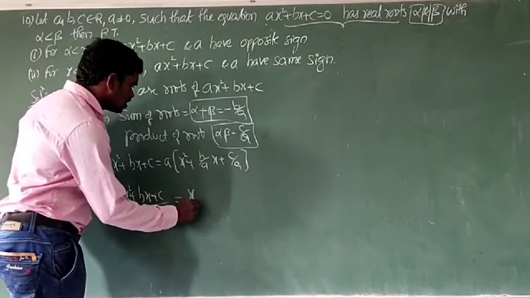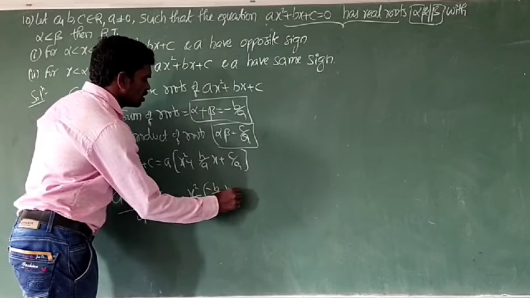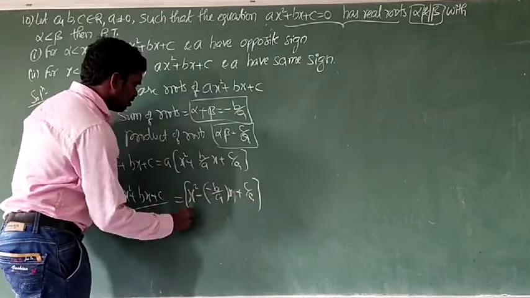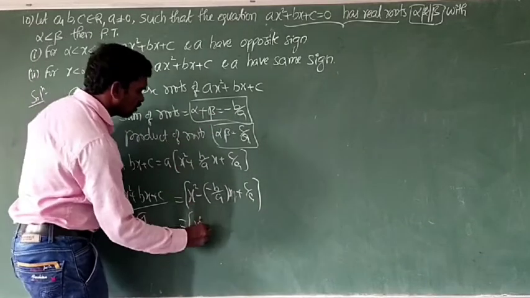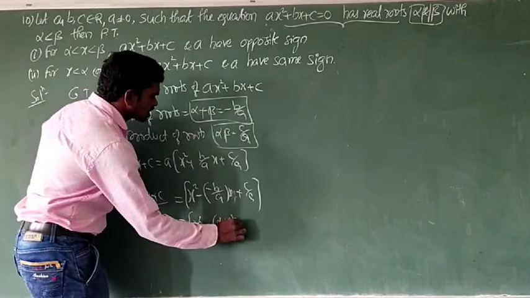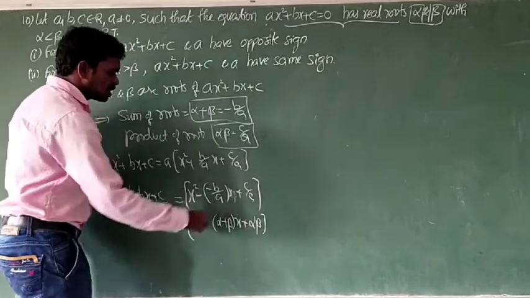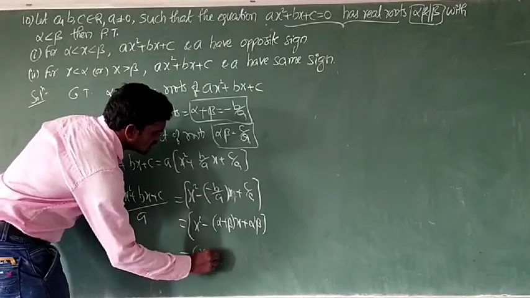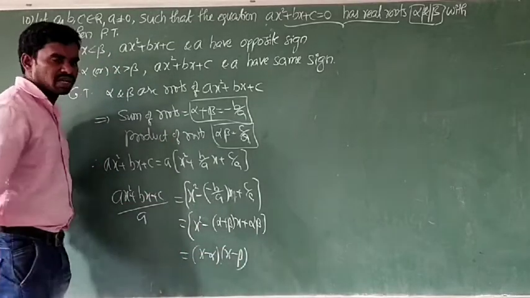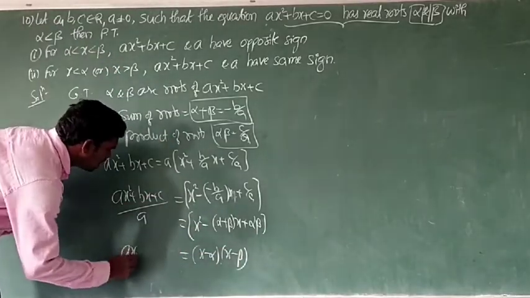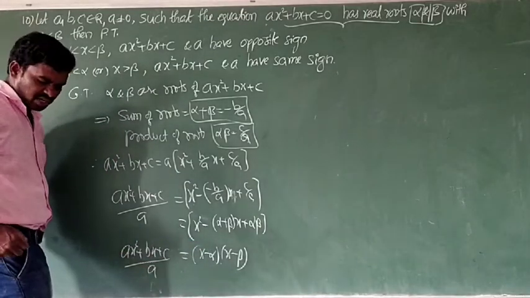Otherwise do it: minus of minus b by a, I am writing plus, into x plus c by a. Now this is equal to x square minus (minus b by a), and minus b by a means alpha plus beta, into x plus c by a, which means alpha into beta. So the expansion of this can be written as x minus alpha into x minus beta. Otherwise you simplify and take common, you will get that one. So finally (ax square plus bx plus c) by a is x minus alpha into x minus beta.